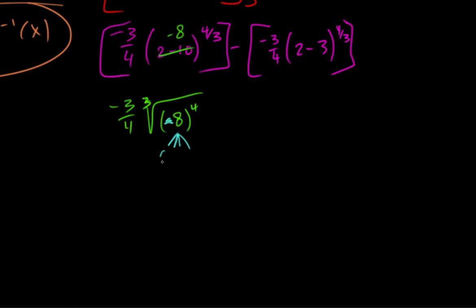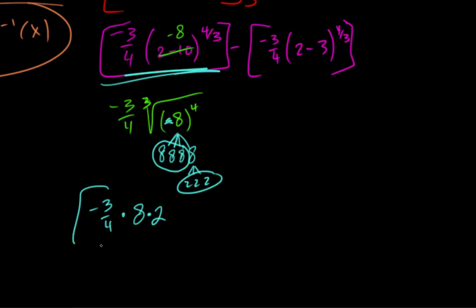This is just 8 times 8 times 8 times 8. It's a cube root, so we take those three 8s, and then this can be 2, 2, 2. So it goes away completely. It's just 8 times 2 times negative 3/4. And that's what all of this goes to.